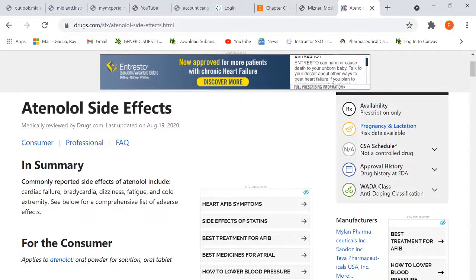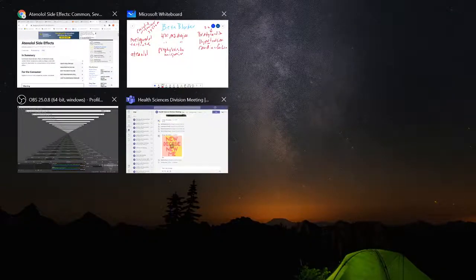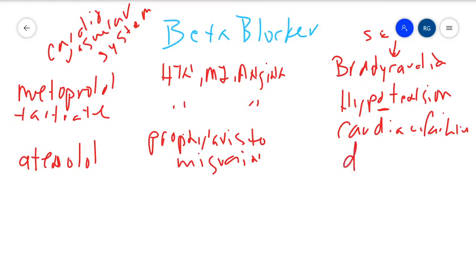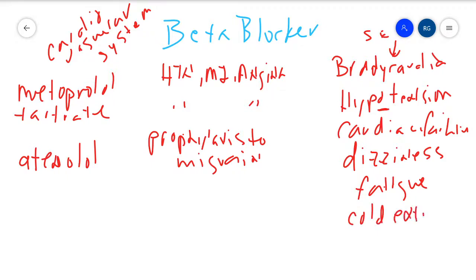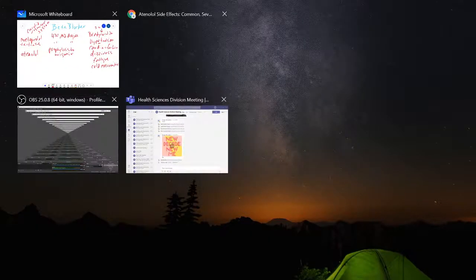We'll just need to add dizziness, fatigue, and cold extremities. So I'll add dizziness, fatigue, cold extremities. Let's look if we can find one more.